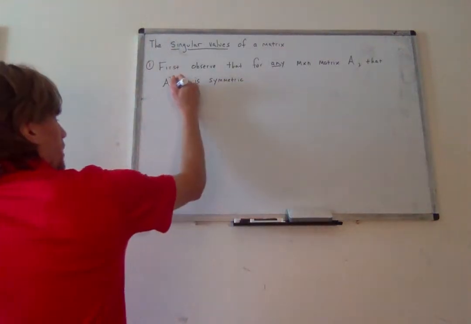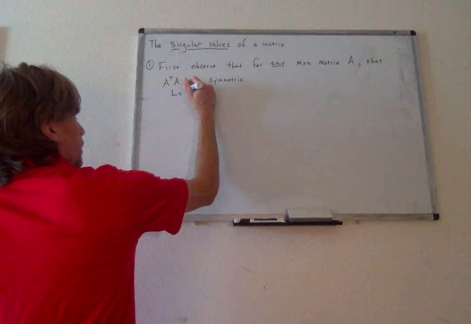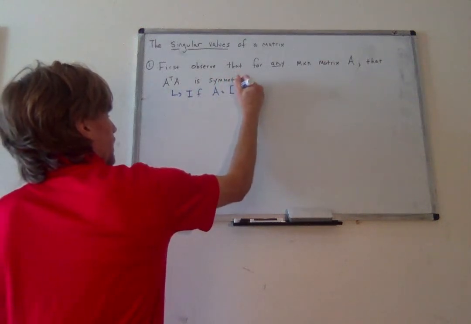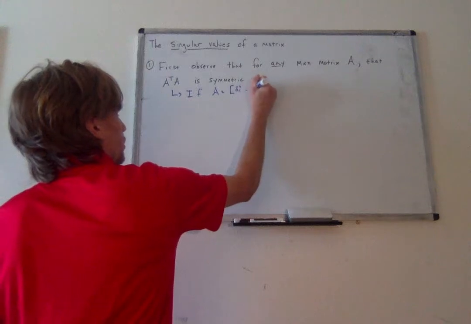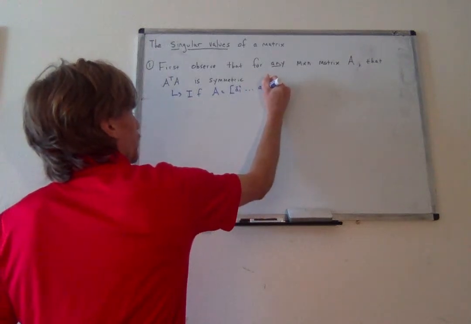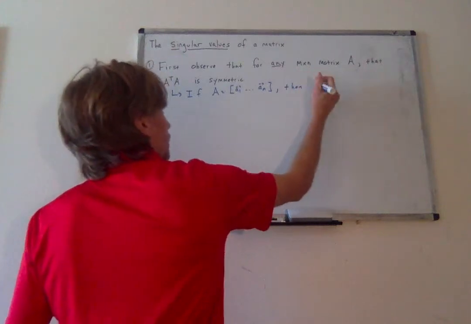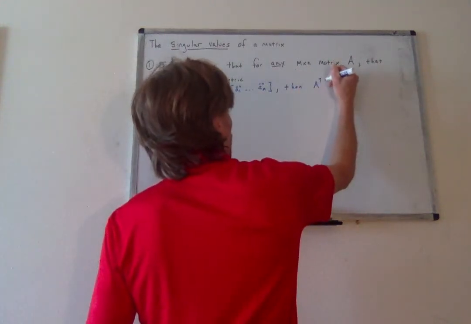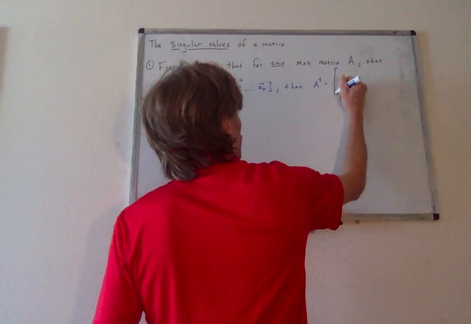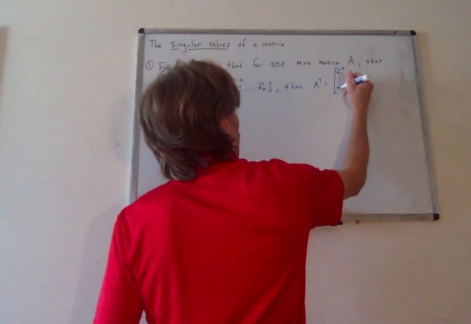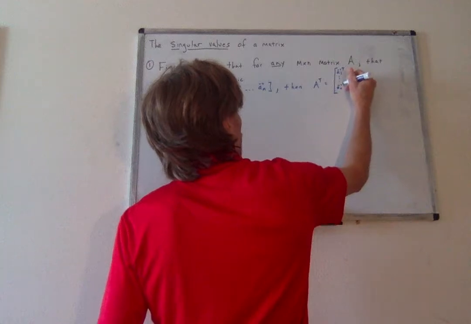To see why this claim is true, if we represent A in this column notation, A1 through AN, then we can represent A transpose in this row notation, A1 transpose through AN transpose, right?